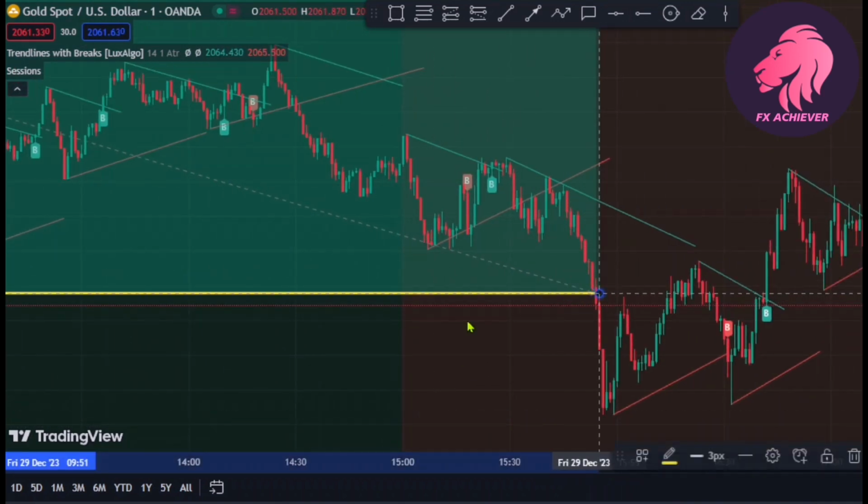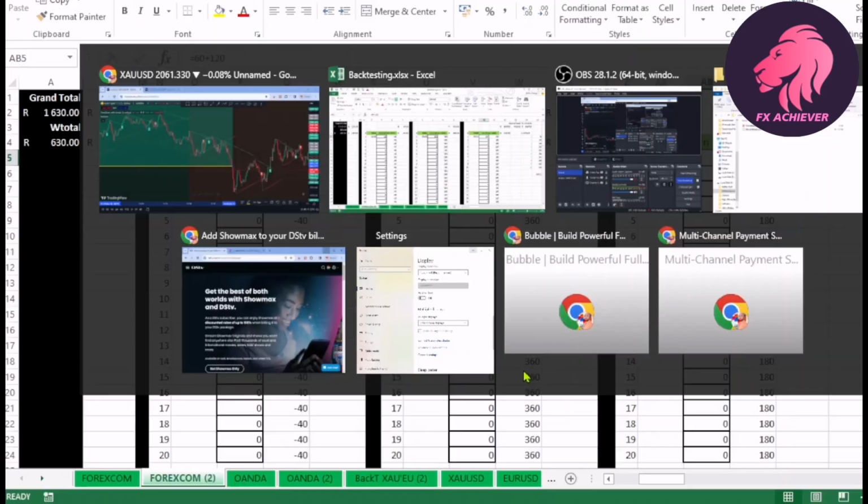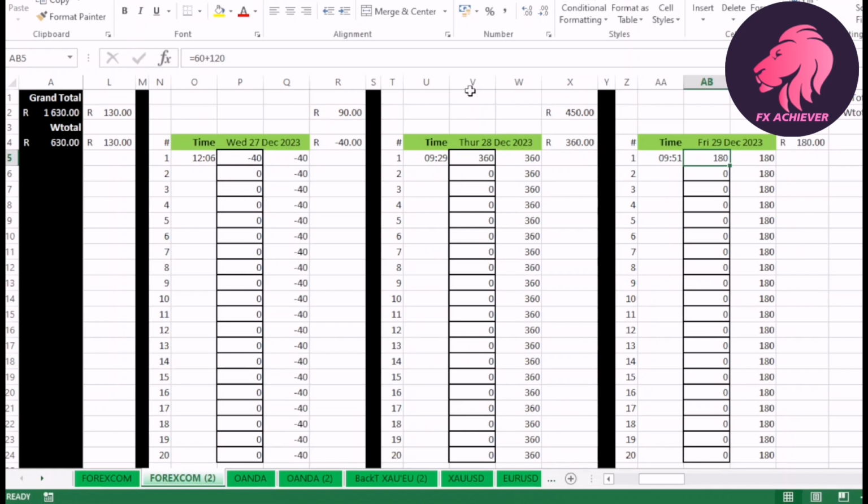As you can see, TP3 was hit successfully, which means we made 180, because it's 60 times 3, 180. 60 times 2 is 120, and 60 times 1, TP1, is 60. That's how it goes. And on Friday I made another 360.